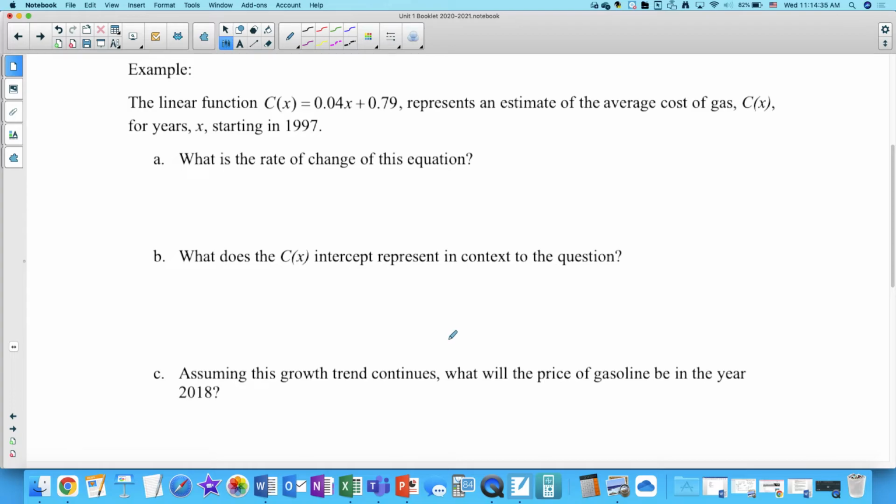And as a general rule of thumb, the units for rate of change are always y per x. Okay? Now, you have to replace y with what is y in this situation. It's cost, it's money, dollars. Per x is years. So in this case, the rate of change is 4 cents per year.